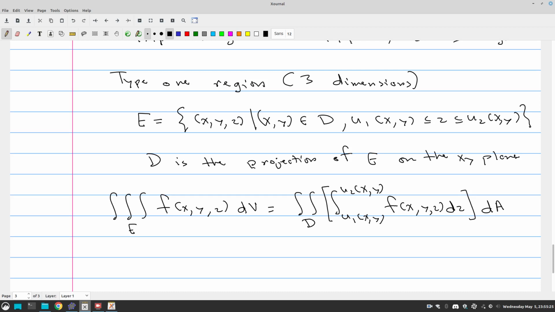D itself may be a type 1 region or a type 2 region.